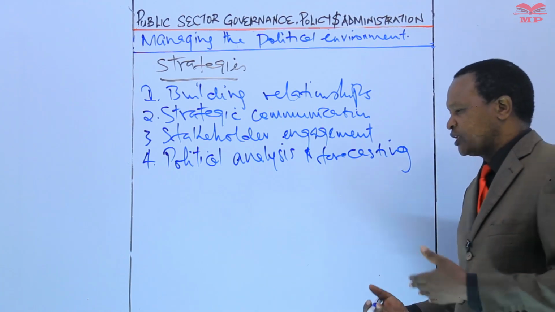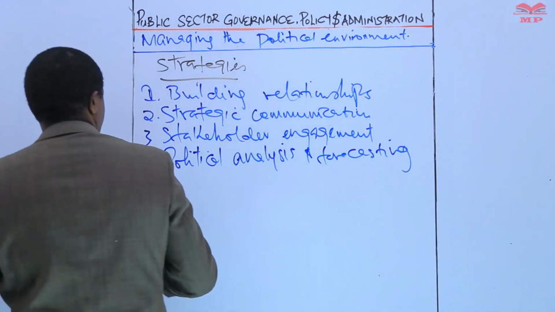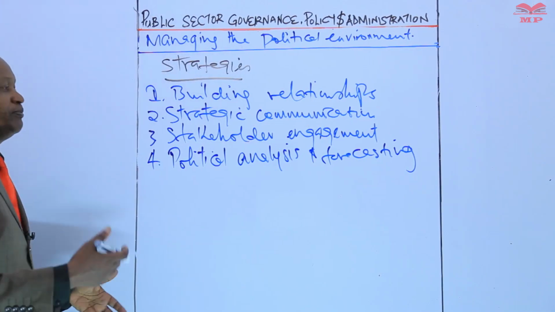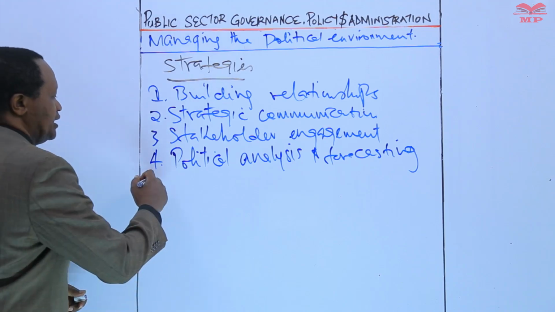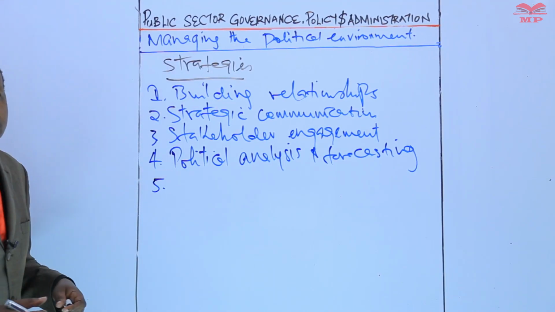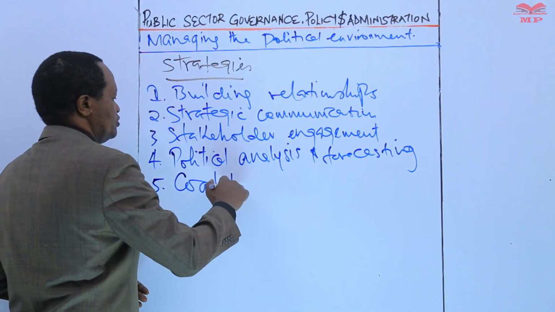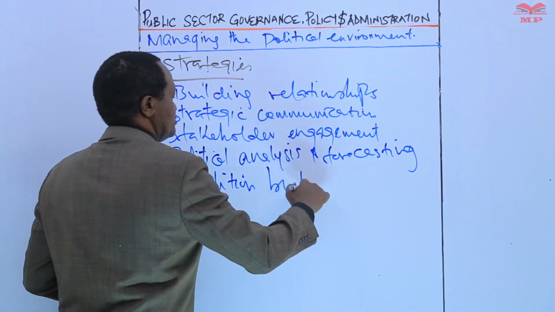Political analysis: one has to be informed, one has to get knowledge and information about what is happening in the political landscape. The fifth strategy is coalition building.